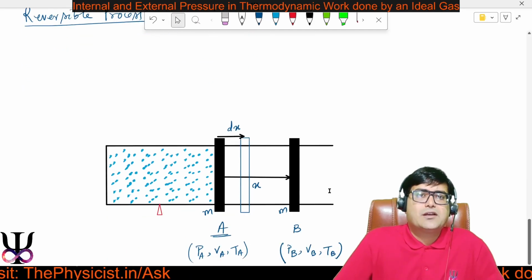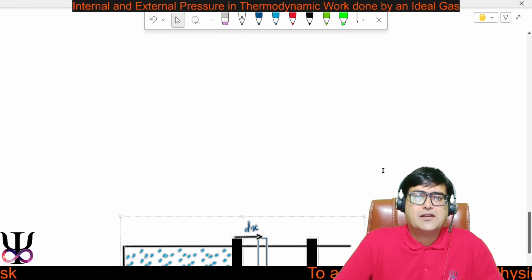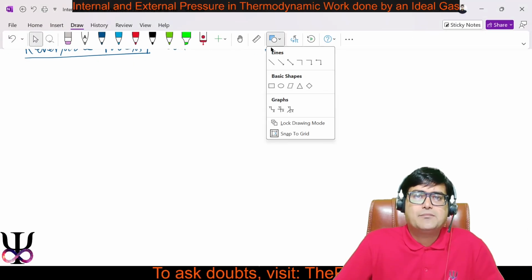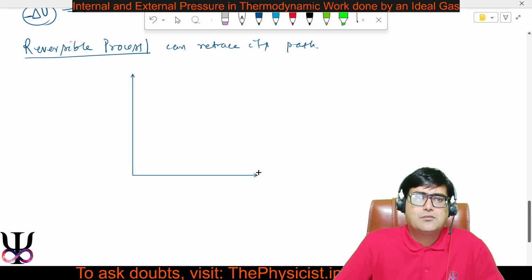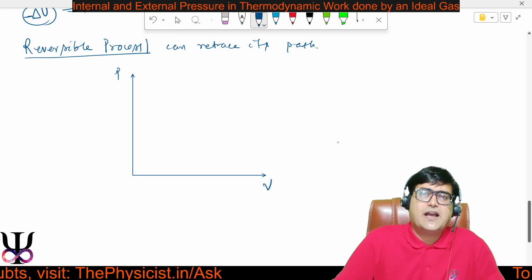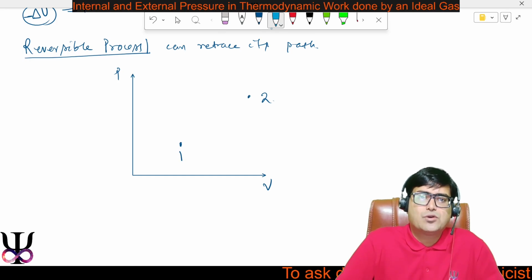Any reversible process has to be able to retrace its path, right? So what do I mean by that? Imagine if I draw a P versus V diagram of a gas, and let's suppose I start from state 1 and go to state 2, and in doing so, I take a path like this.